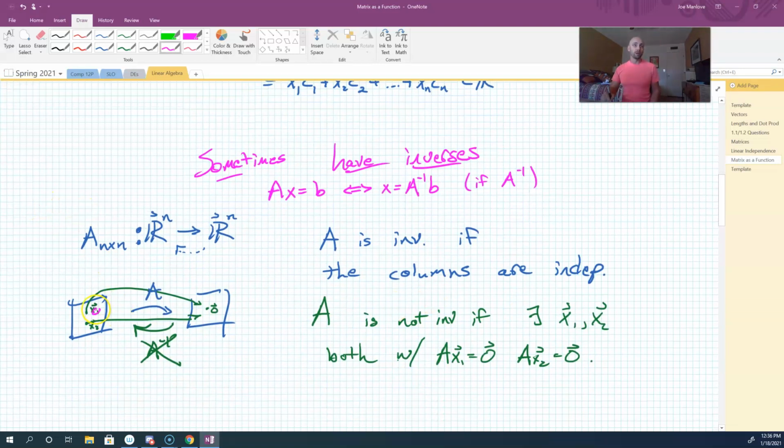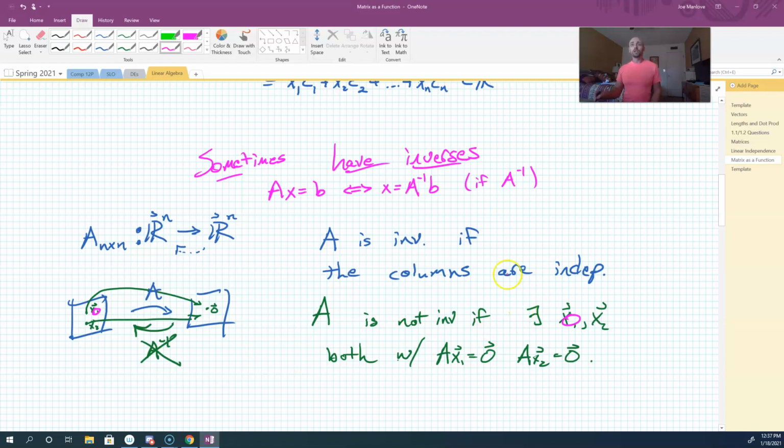So I could revise this to be x1 is the 0 vector, right? And then x2, if there's any other vector that maps to the 0 vector, we're going to have a problem with invertibility, because then A inverse here wouldn't be a function, right? It would take 1 point to 2, and that's not a thing that functions are allowed to do. I hope that makes some sense.